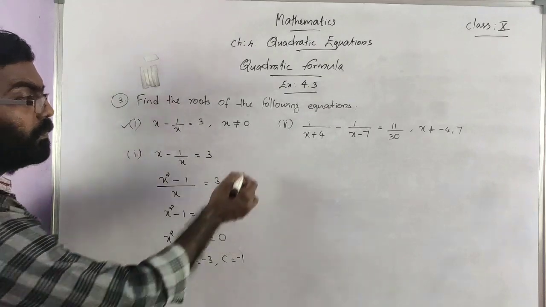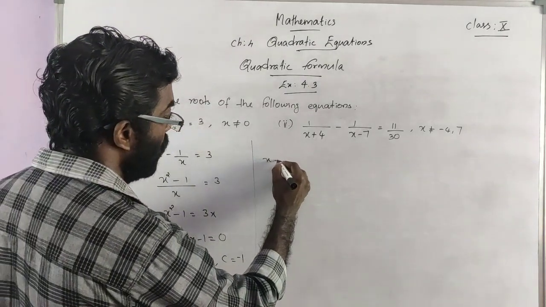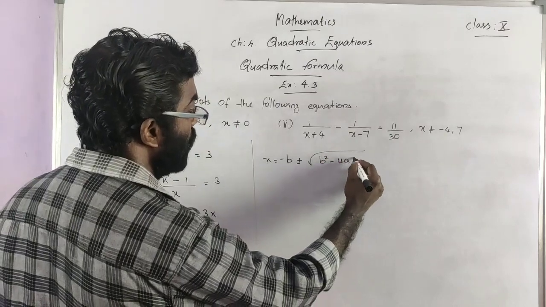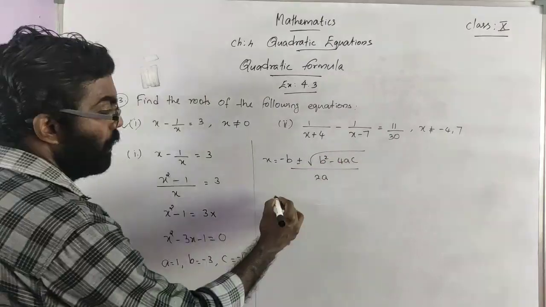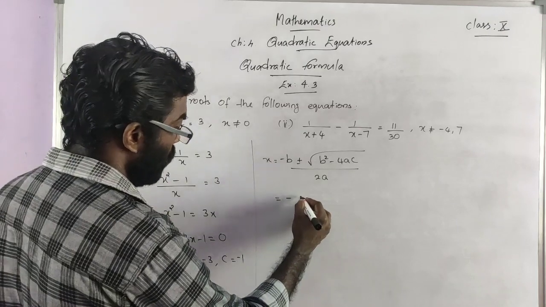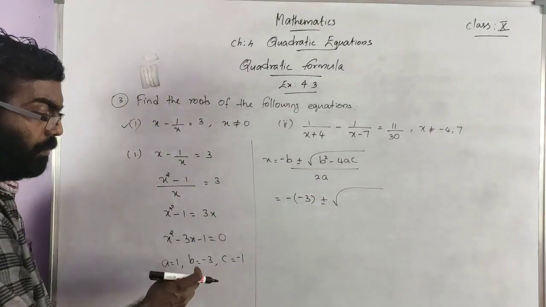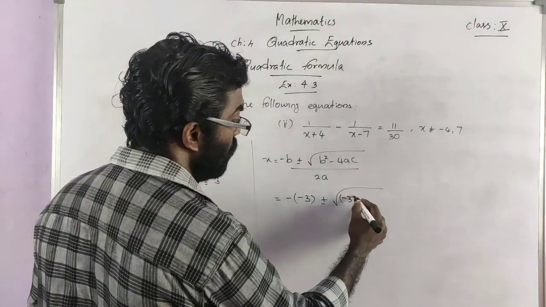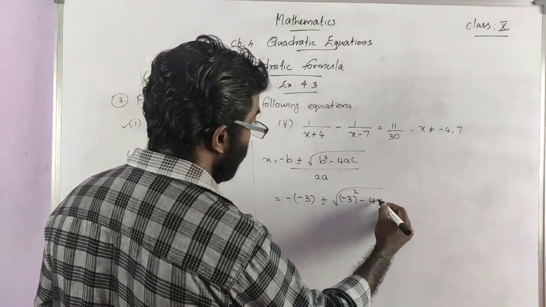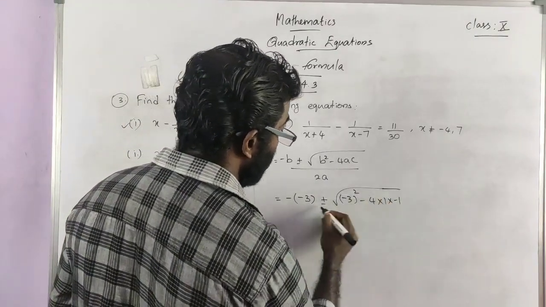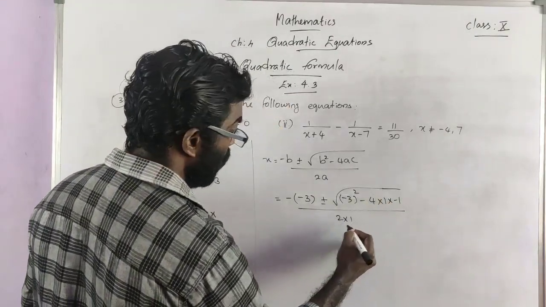Now we can write the formula x equal to minus b plus or minus root of b square minus 4ac whole divided by 2a. Now we can replace the values. Minus of minus 3 plus or minus root of minus 3 the whole square minus 4 into a into c, 1 into minus 1, whole divided by 2a, 2 into 1.